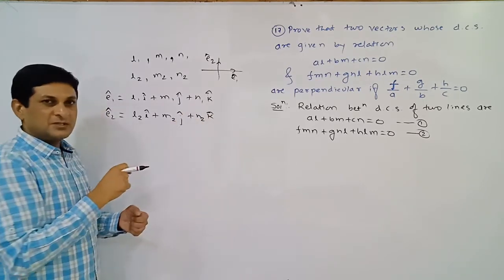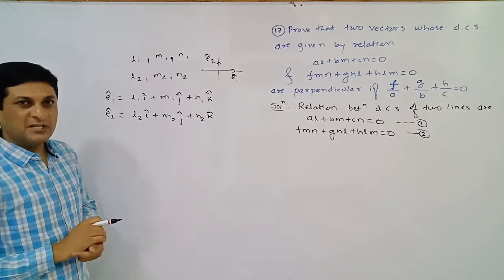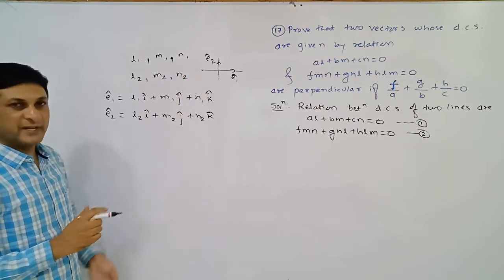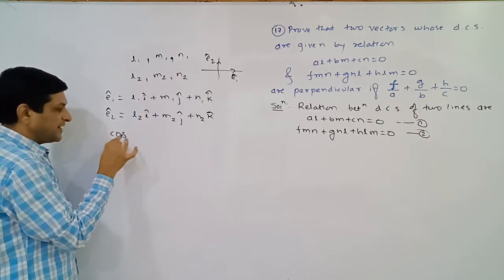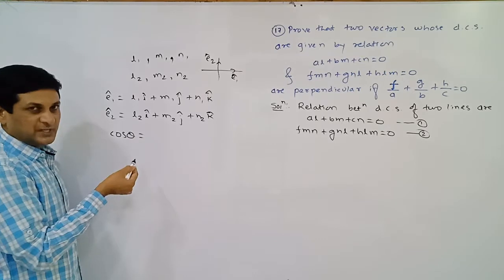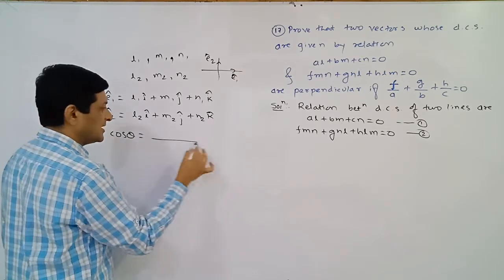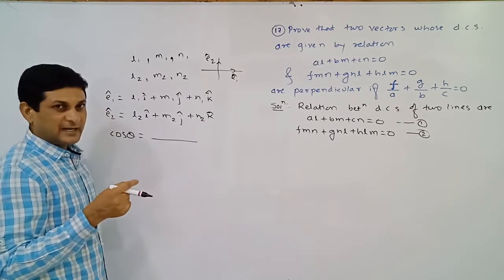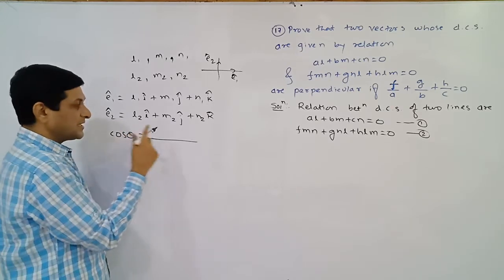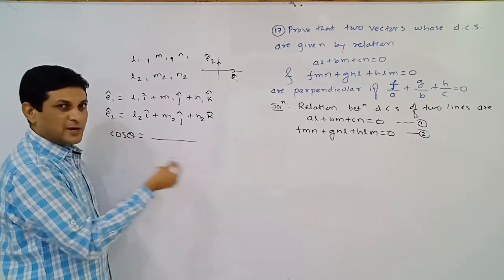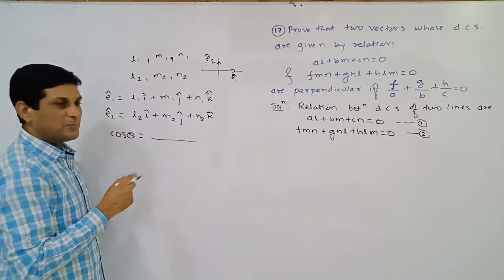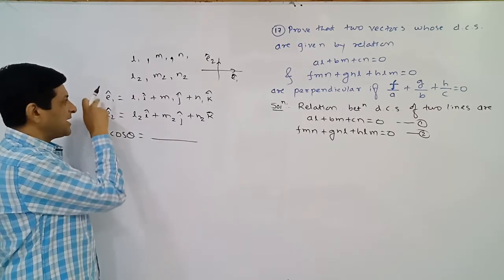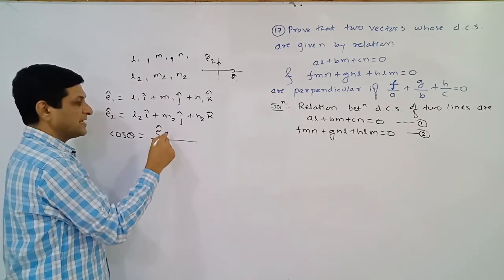Now if theta is the angle between these two lines or these two vectors, then the angle can be found by applying the formula of cos theta, which we discussed in the dot product. What is the angle between A bar and B bar? cos theta is equal to A bar dot B bar upon magnitude of A bar into magnitude of B bar. But instead of A bar and B bar, here the vectors are denoted by e1 cap and e2 cap.